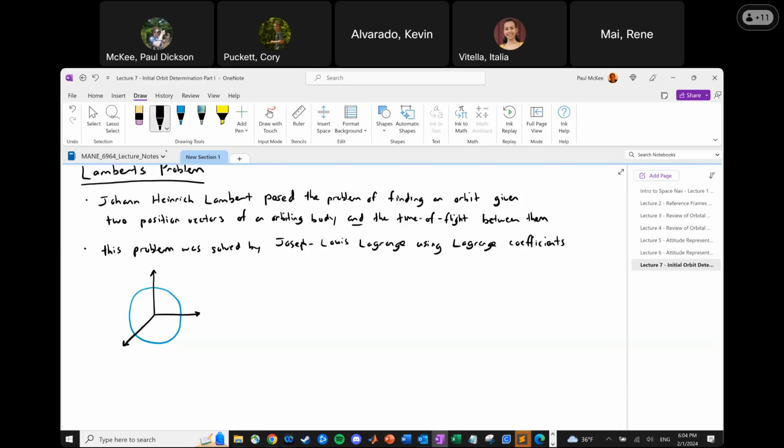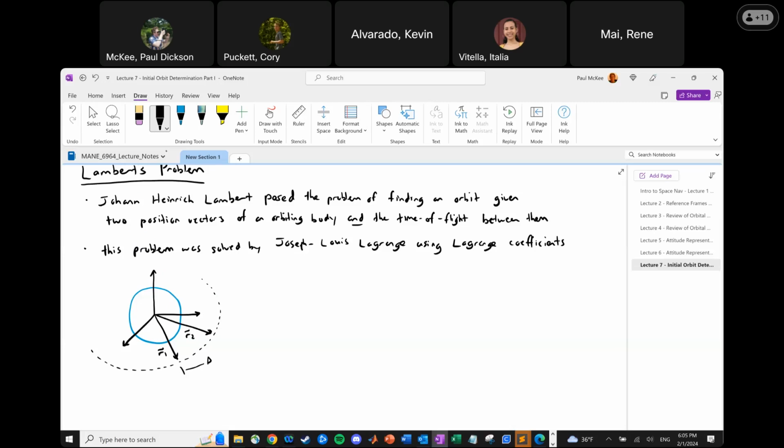And let's say we've got some orbit that we don't fully understand yet, and some position 1 and some position 2. And let's also say that we know delta t between them. So the problem looks like this.